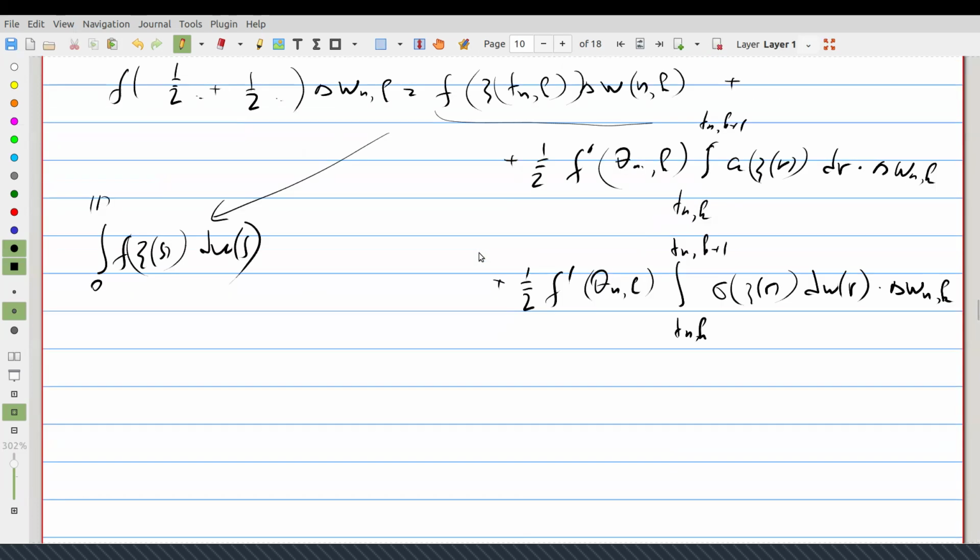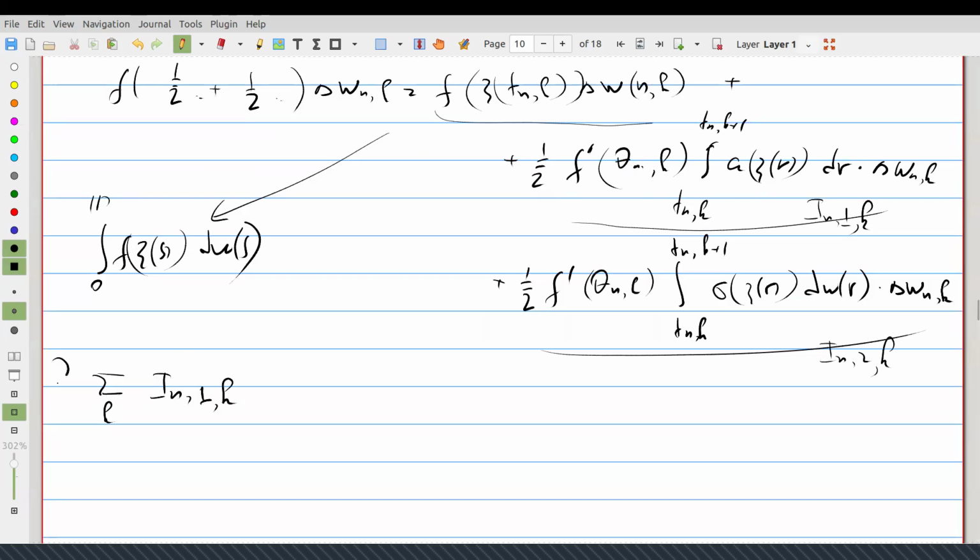Now, these two parts are treated differently. Let's consider a1 and a2. So what is going to be the limit of this expression? This is something bounded, this is constant. This has, roughly speaking, order delta t n k to the power of one half in terms of square mean.